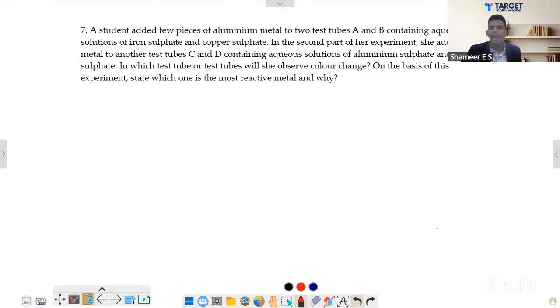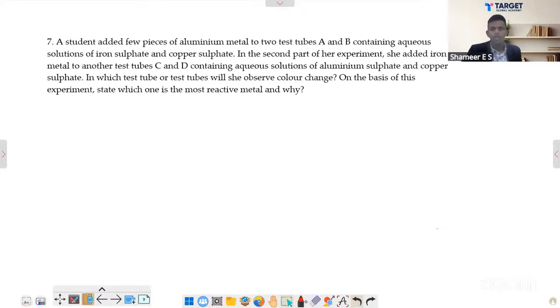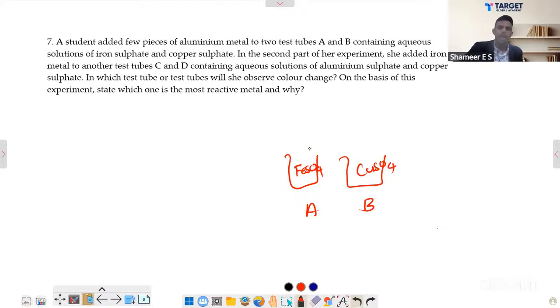A student added a few pieces of aluminium metal to two test tubes, A and B, containing aqueous solutions of iron sulfate, FeSO4, and CuSO4.